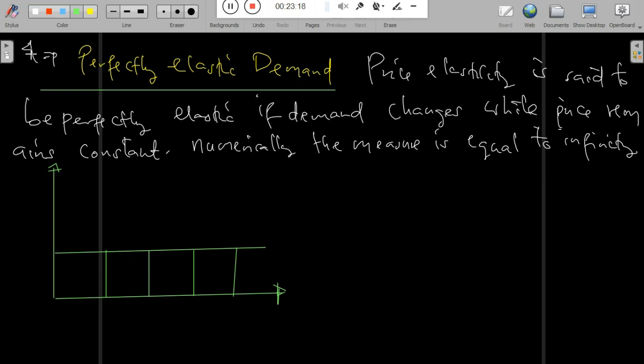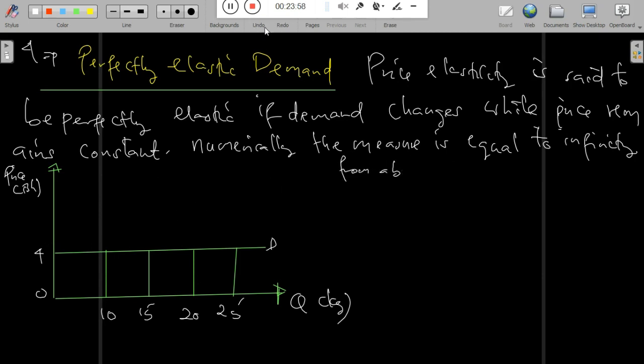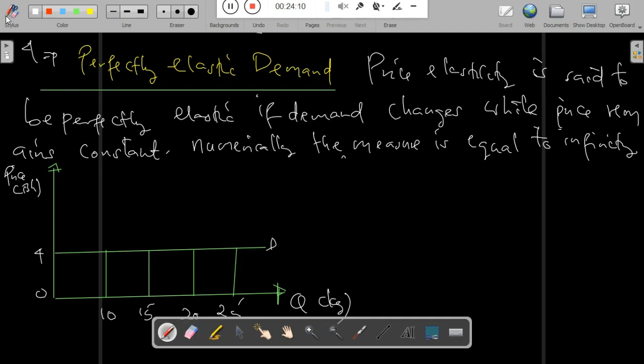And when you try to sketch out its graph, it shows that the price level is constant, does not change. So we have the price in Tanzania shillings on the left hand side, and we have the quantity in kilograms on the x-axis. The graph line shows that the price level does not change. The line of the price level goes from 4 to the right hand side, showing that it is constant.